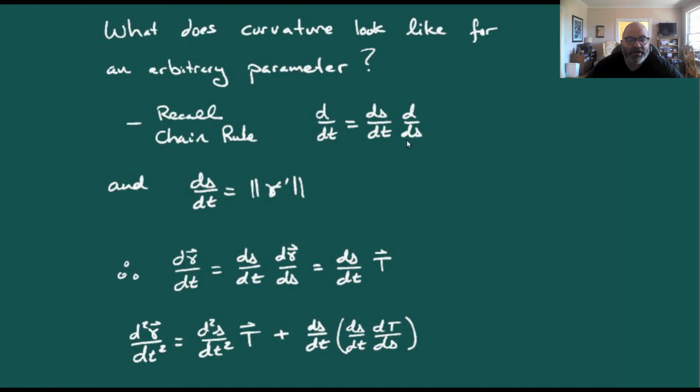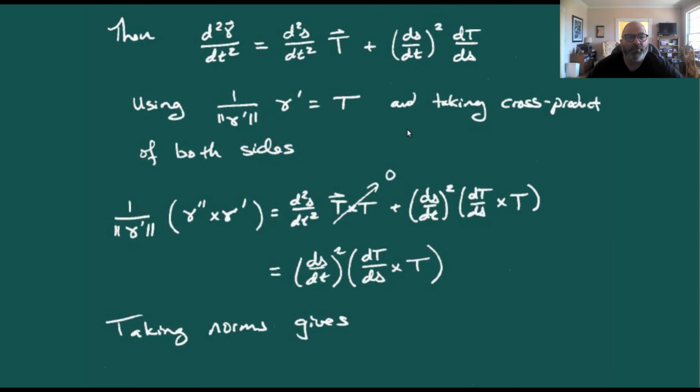So we're applying this operator for our d by dt, and we have our ds dt out in front. So our second derivative of our curve looks like the second derivative of our arc length function times the unit tangent, plus the square of ds dt times dt ds.